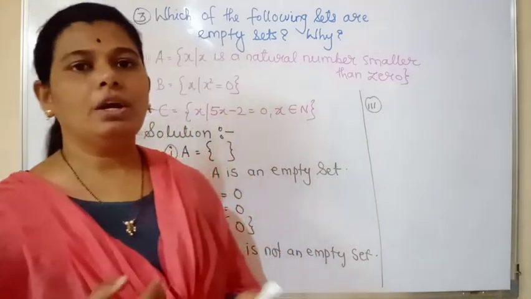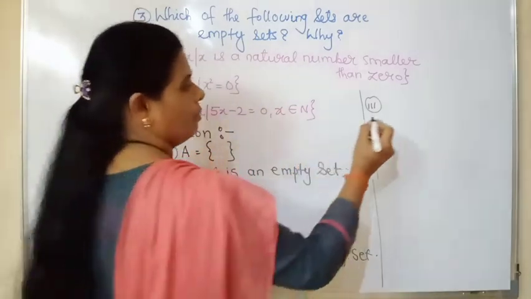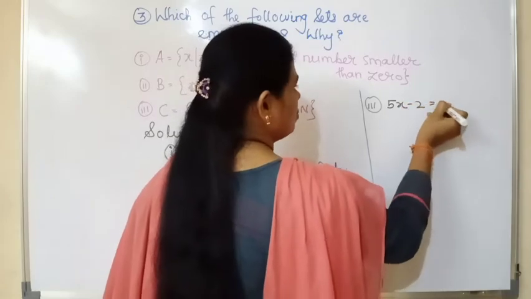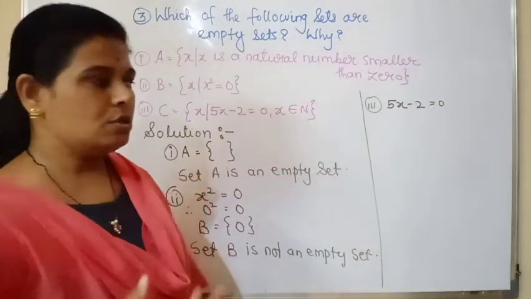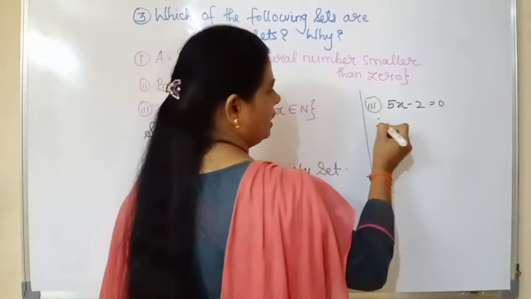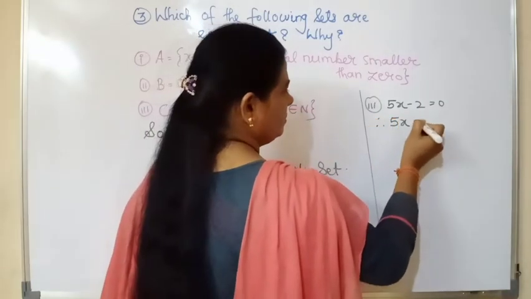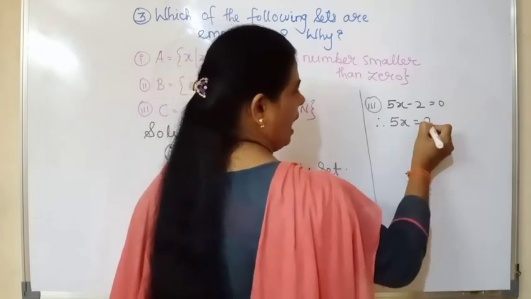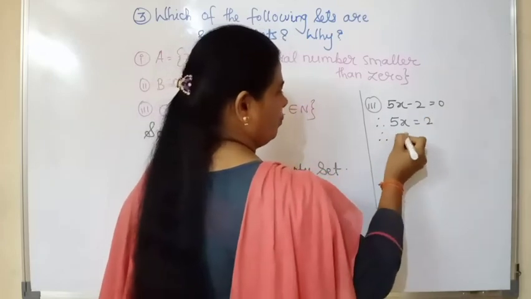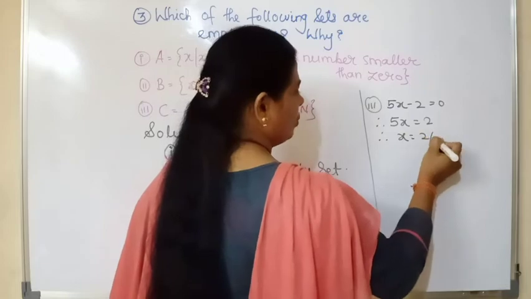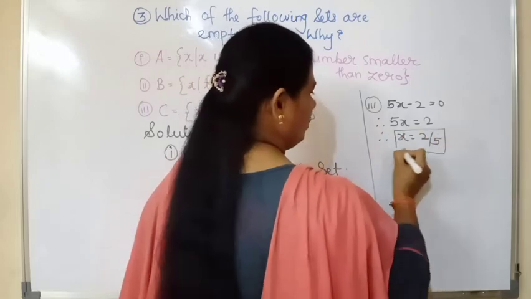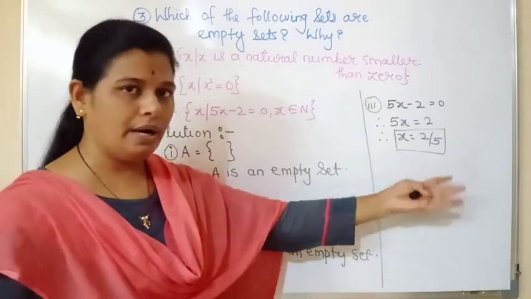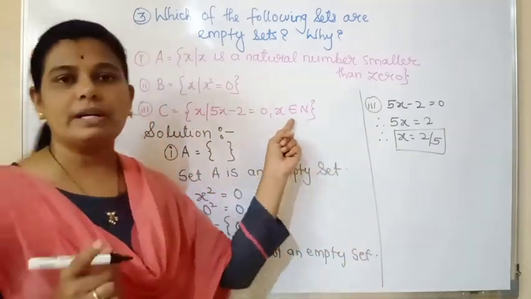What we will do here is first solve this equation, 5x minus 2 equal to 0. After solving the equation, what we will get? 5x equal to minus 2 will go towards 0 and it will become plus 2. Therefore, x is equal to 2 upon 5. Now we got the value of x. But here they have given us one condition.